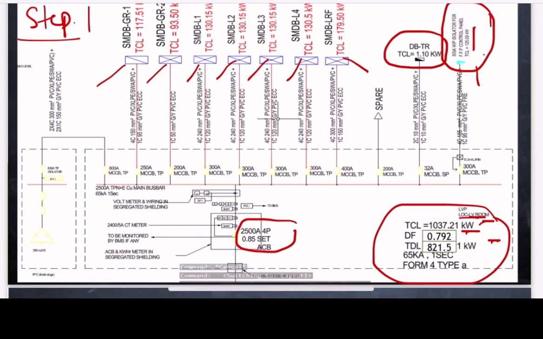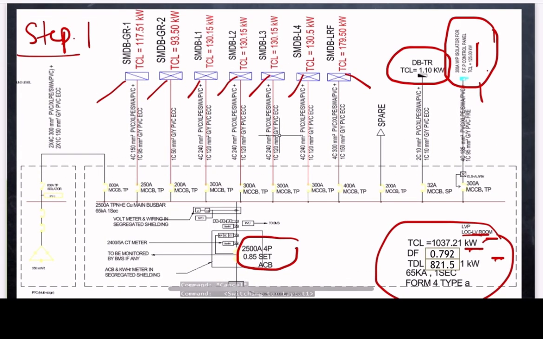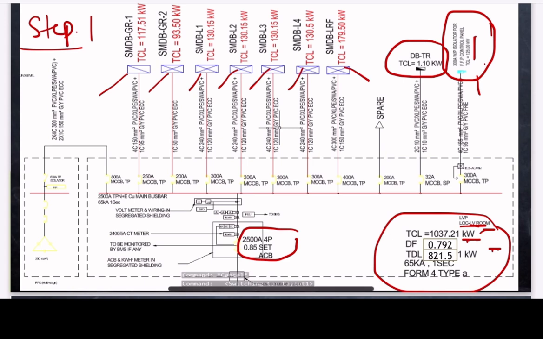Now this is the SLD for the main distribution board. Here I mentioned SMDB 1 and its corresponding total connected load and its cable, that is 4 core 150 square mm, which we calculated in this video.